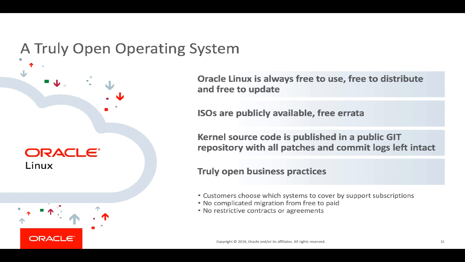The availability of free errata makes Oracle Linux an ideal choice for both your development and production systems. Some updates may require Oracle Linux Premier or Extended support, such as Ksplice and Oracle Linux 5 Extended support. Customers can freely choose which of their systems should be covered by a support subscription and at which support level.